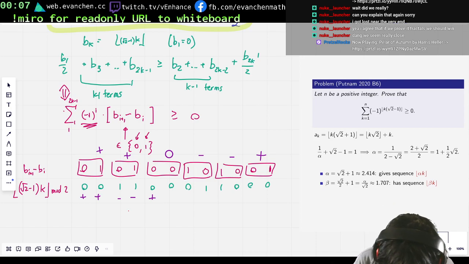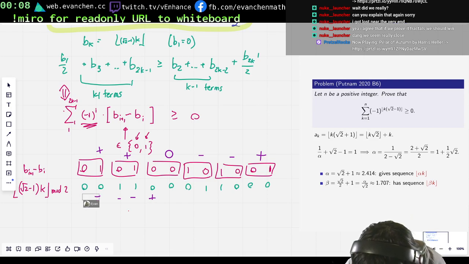I'm going to write these numbers in blue. Ah, the purple, for some reason the purple doesn't erase.